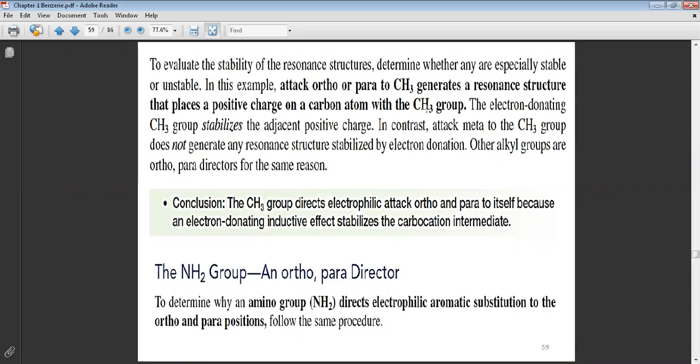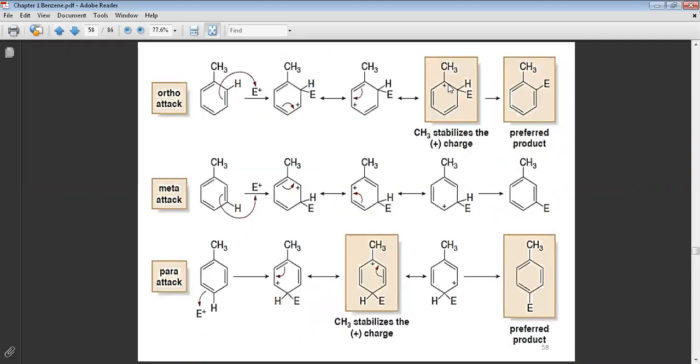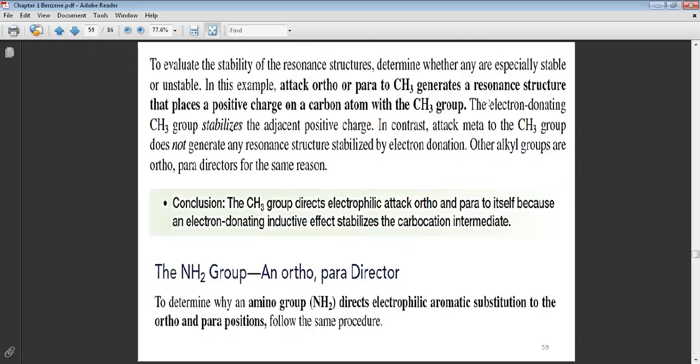That means the CH3 is directly bonded to the positive charge. The electron donating CH3 group stabilizes the adjacent positive charge, in contrast to attack meta.